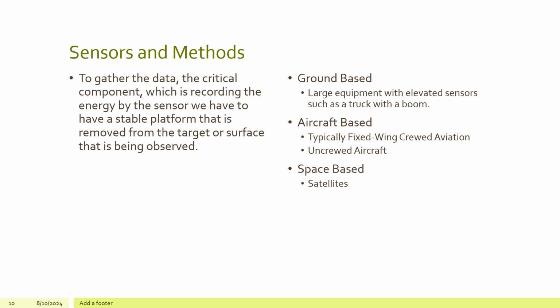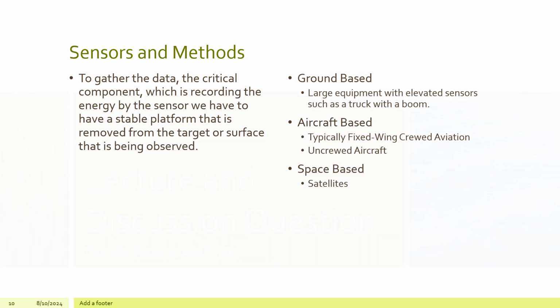This can be ground-based, such as large trucks that have elevated sensors, like trucks with booms; aircraft-based, typically fixed-wing crewed aviation, which tends to be a little more stable than helicopters, or uncrewed aviation, either fixed-wing or VTOL aircraft, which tend to be very stable for gathering that information; and then satellite-based, space-based satellites.